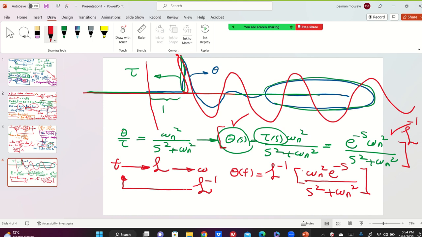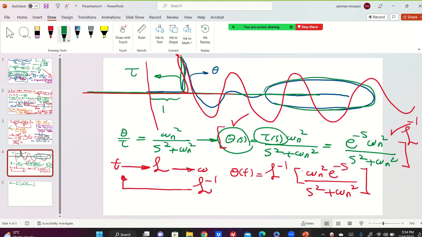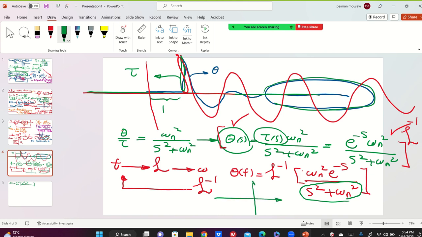Okay, so theta of t is going to be the Laplace inverse of e to the minus s times omega n squared over... But I taught you previously, what are the poles of this system? Remember? Poles of this system.